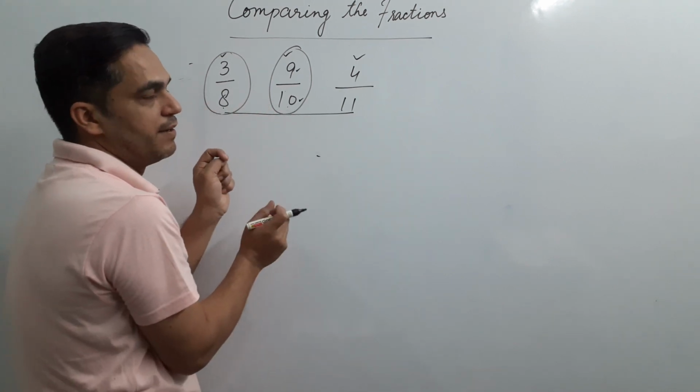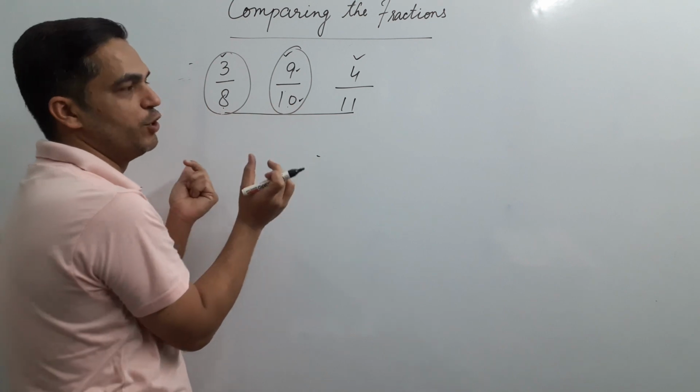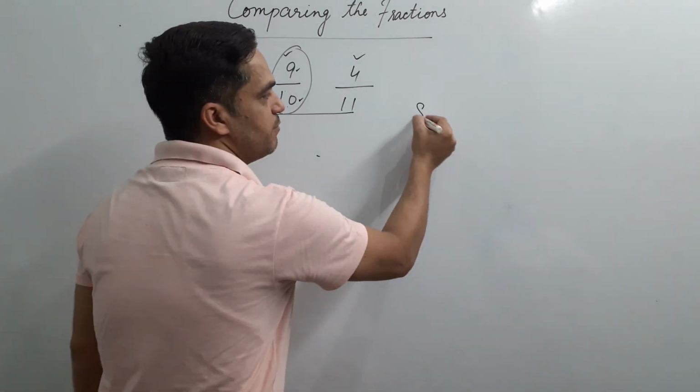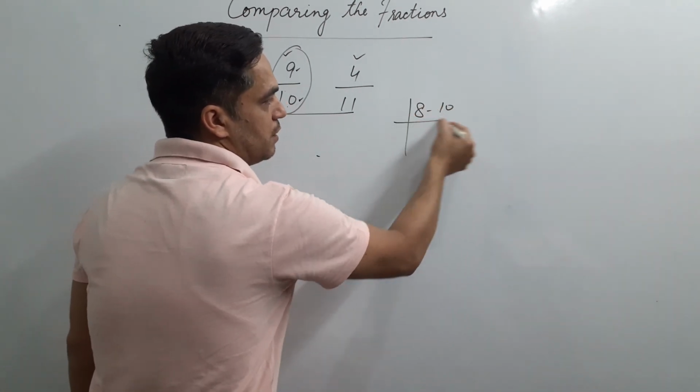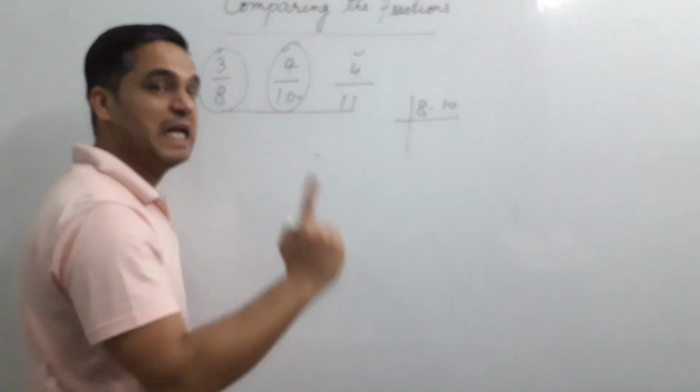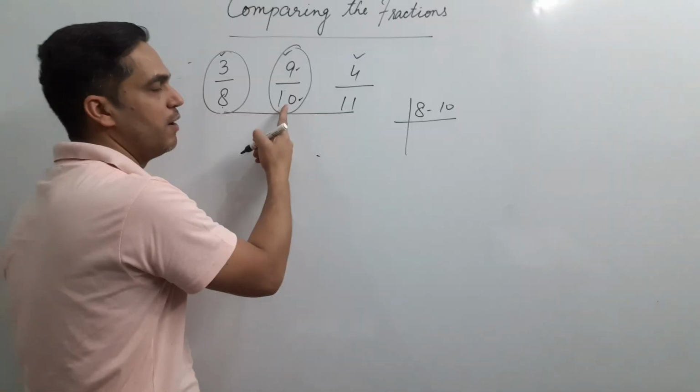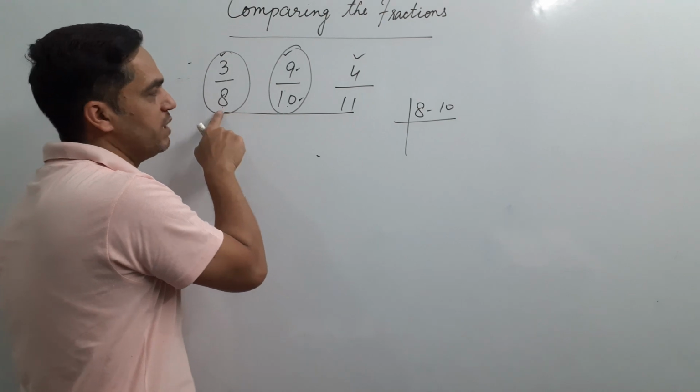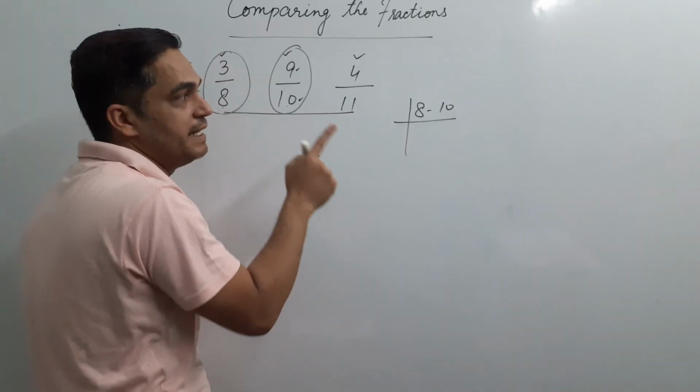We can convert them into a common denominator. So we need the LCM of these two numbers, the lowest common multiple of 8 and 10 both.